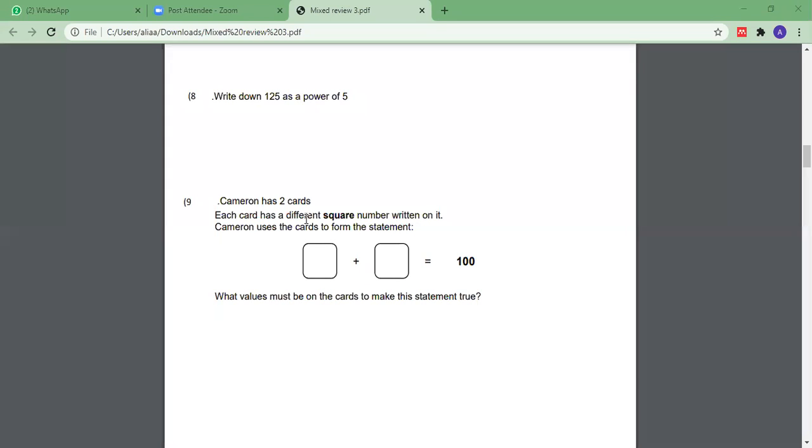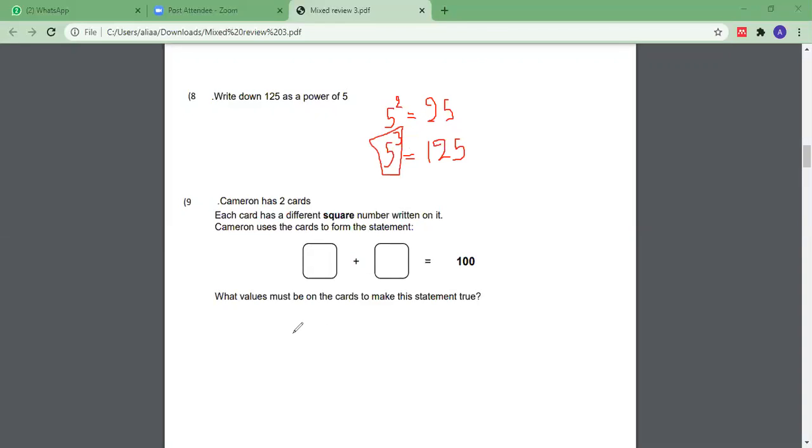I know that 5 power 2 is equal to 25. 5 power 3 is 5 multiply 5 multiply 5, which will be 125. So 125 as a power of 5 will be 5 power 3.